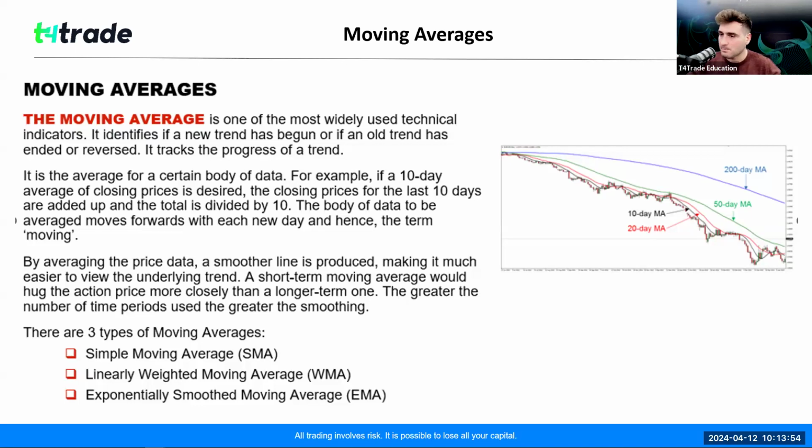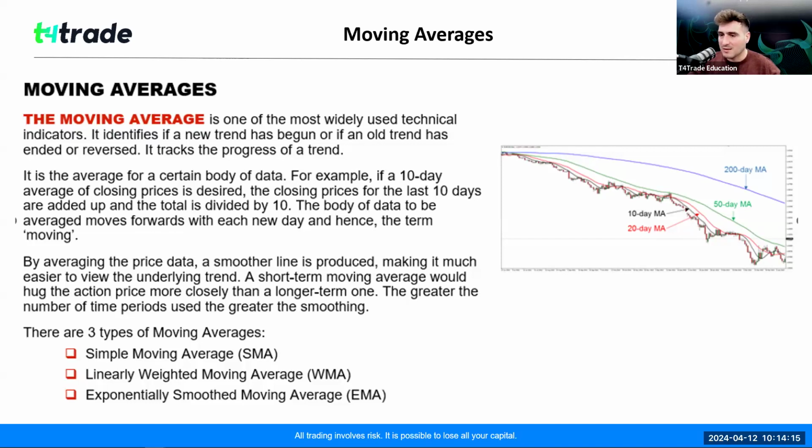It uses the closing prices of 10 days in this example, and they are all added up, and then divided by their number, which is 10. So pure statistical average, this is essentially what a simple moving average is.